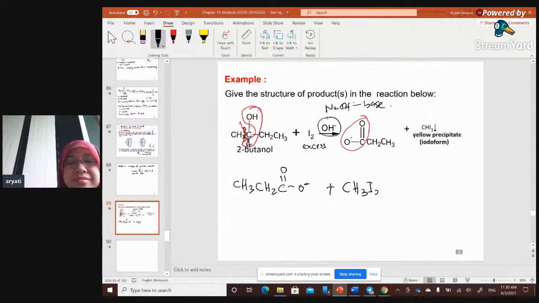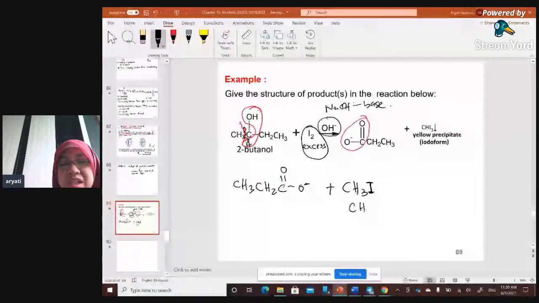Okay, plus CH3 akan combine dengan iodine, CH3I. Sebab iodine, carbon, dia akan buat 4 bond. Since iodine is in excess, so dia akan do free radical substitution lagi. H akan tukar lagi dengan iodine, so from CH3I dia jadi CH2I2, kemudian ditukar lagi another one hydrogen atom jadi CHI3.